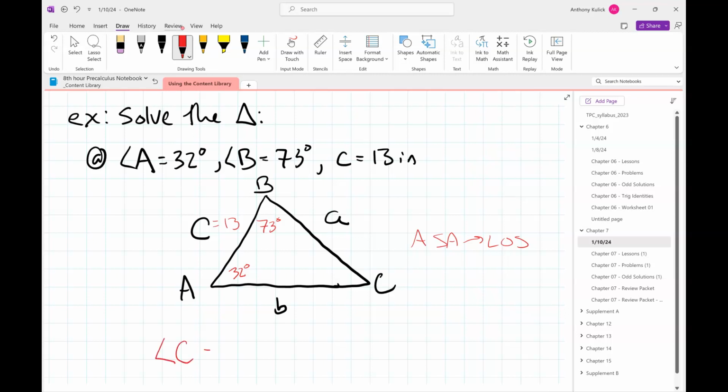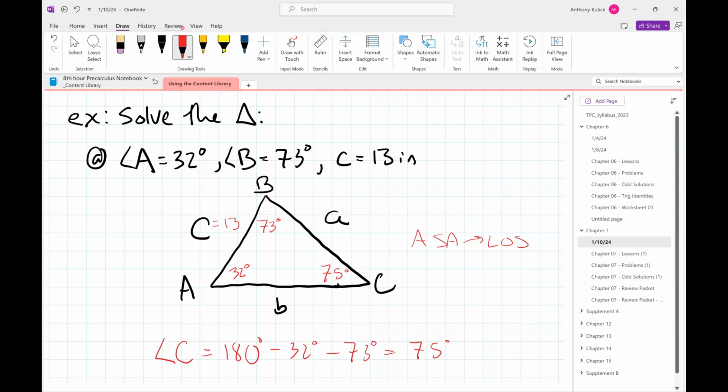So in our case, angle C is 180 minus angle A minus angle B, which is 75 degrees. I'm going to add that into my picture. Is everybody okay there? As soon as I have 2 angles, I'm going to stop whatever my plan was to do next and find that third angle because it's basically free. It's just a subtraction problem. Does everybody feel good?